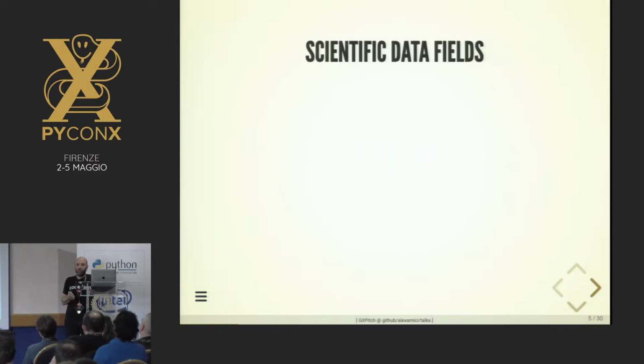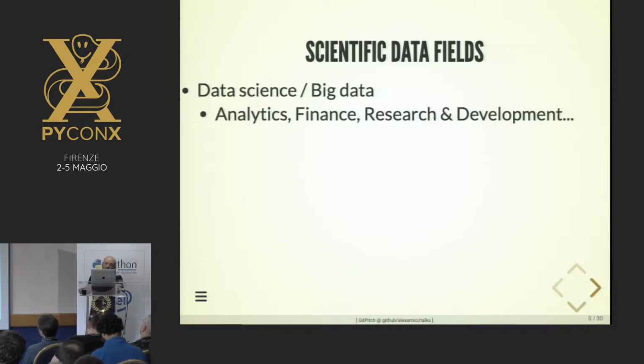In particular, in scientific data, there are some fields where whatever RAM you have, you want more, simply because you get better results if you use more RAM. The first, which we have heard in the previous keynotes, is data analytics, data science.